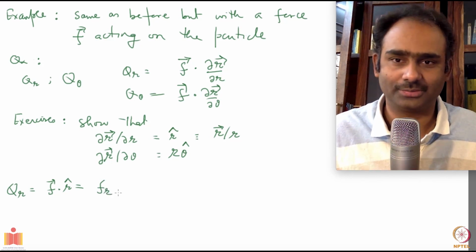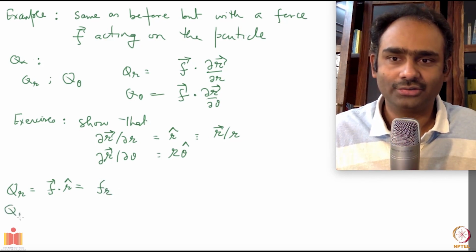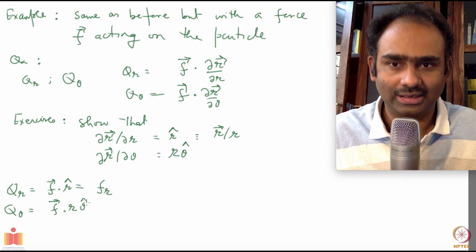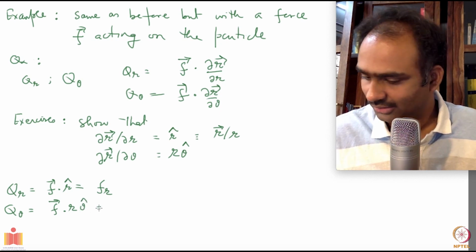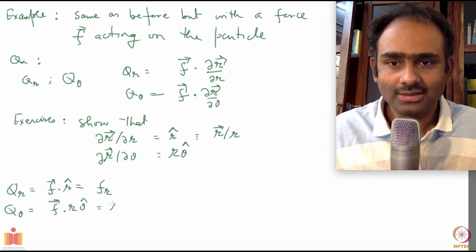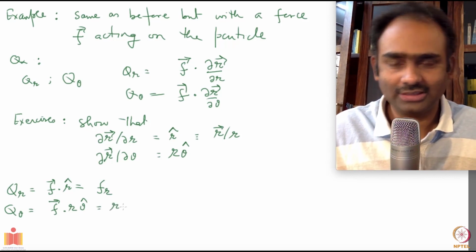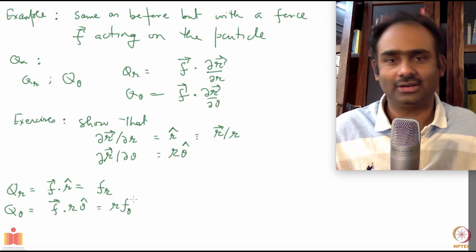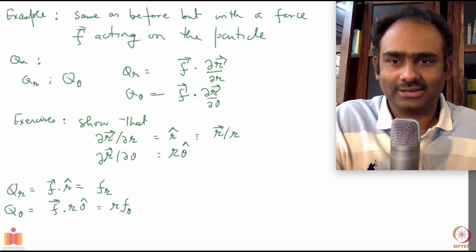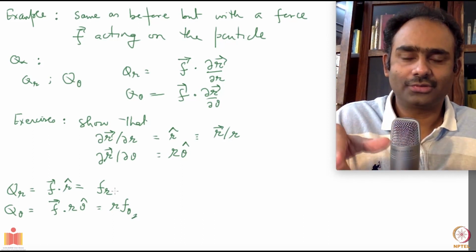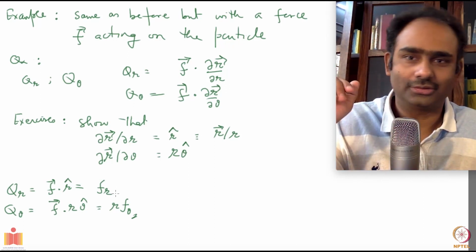So I put a subscript R. And your Q of theta will be F dot R theta hat, which is R times F of theta. So I'm taking the component of the force along the tangential direction and I call it F theta. As you can see, this is nothing but the torque, and this is the radial component of the force.